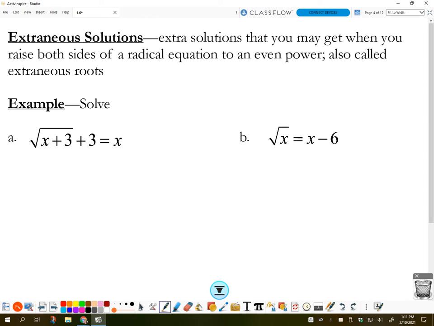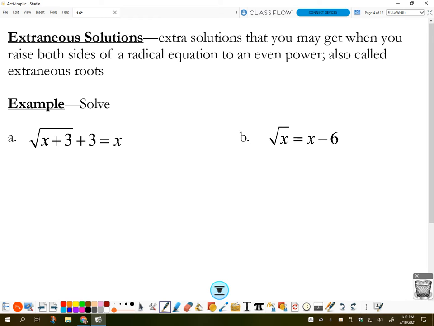All right, so extraneous solutions. We talked about excluded values when we did rationals, which is kind of the same thing as an extraneous solution. It's a solution that you get that doesn't actually work because it causes an issue. So in rationals, it was dividing by 0. With radicals, it's a negative under an even root.